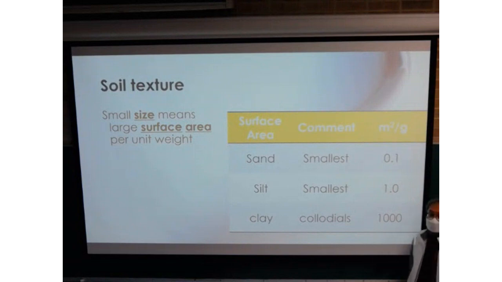In 1 gram, how many sand particles are there? In 1 gram of silt, how many silt particles? In 1 gram of clay, how many clay particles? Clay particles are a huge amount in 1 gram, and each clay particle has its own surface area.